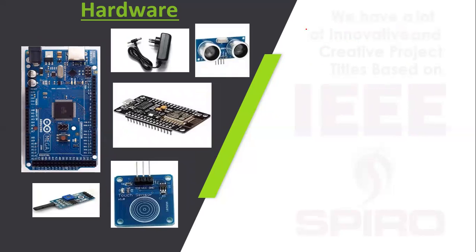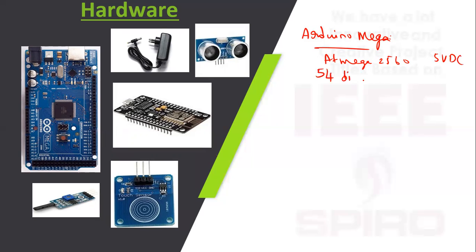So, Arduino Mega. It is the microcontroller used in our project. The IC name is Atmega 2560. Operating voltage is 5 volt DC. It consists of 54 digital input or output pins and 16 analog input or output pins.